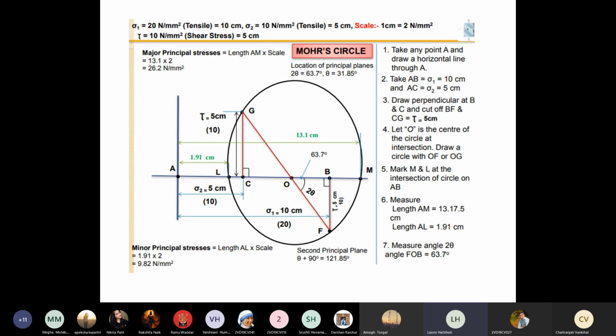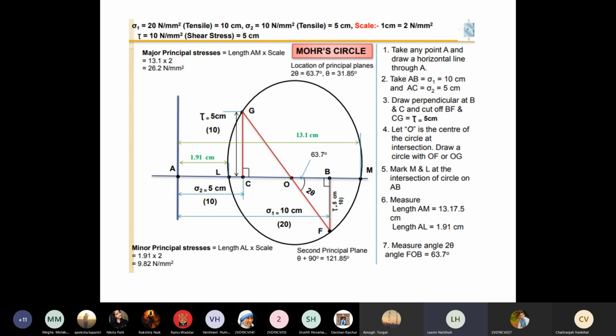Now just see, on the right side I have given the procedure. Once again take a point A, draw a horizontal line and a vertical line, which indicate the x-axis and y-axis, that is direct stress and shear stress. Now take sigma x. What is sigma x? 10 centimeters. From A to B take 10 centimeters, or is it 20?